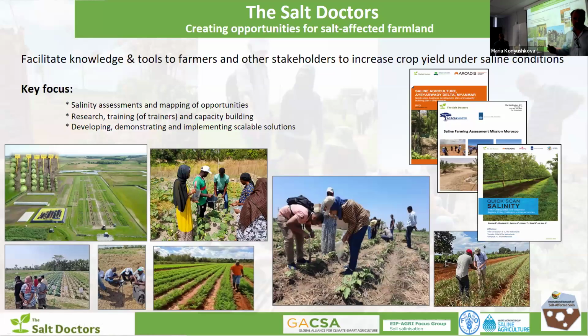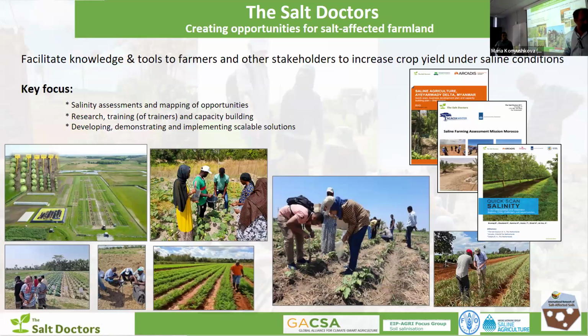Just one little slide of some background, what we do as the Salt Doctors. We create opportunities for salt-affected farmland. So we try to do what Ed is doing, what he told us a lot about. We have three key focuses within the company. We do salinity assessment and mapping of opportunity. We do research, training, capacity building.